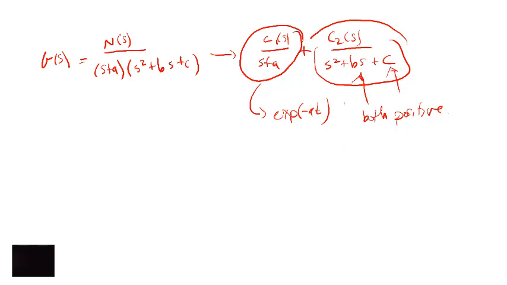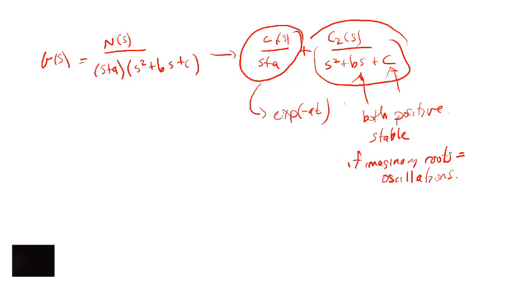So first, if both of these are positive, it's going to be stable. If any one of these terms is negative, it'll be unstable. If there are imaginary roots, the process is going to have oscillations, but the real root still has to be positive for stability, and it will be if these are both positive. There are no negative values there.